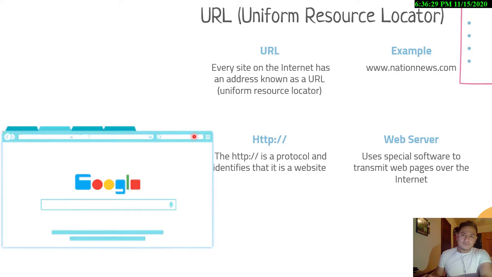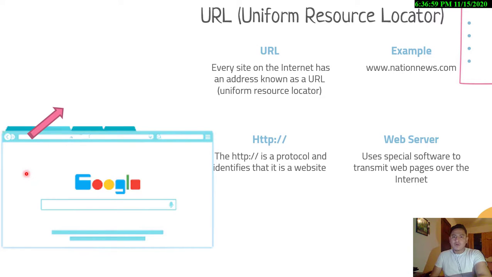Every site on the internet has an address known as the URL. To access a site, you enter its address, the URL, in the web browser, which looks something like this. There's a space at the top labeled address right here. This is where you're going to enter your URL.